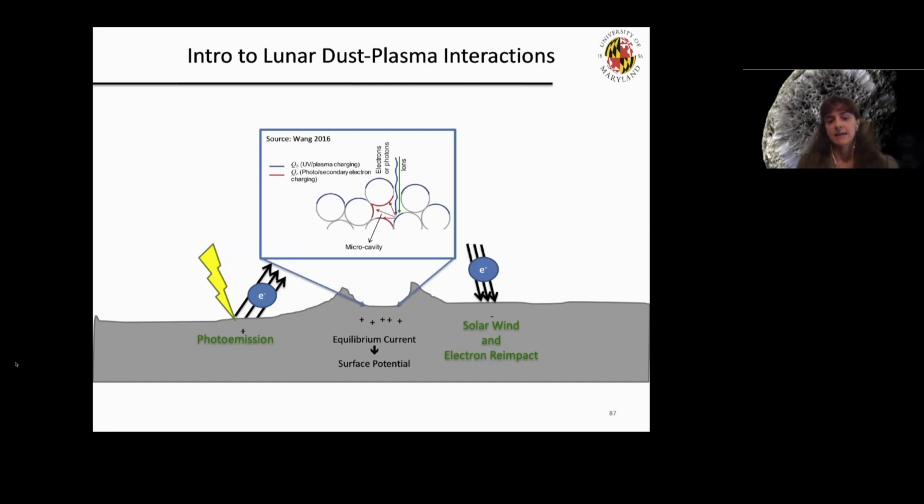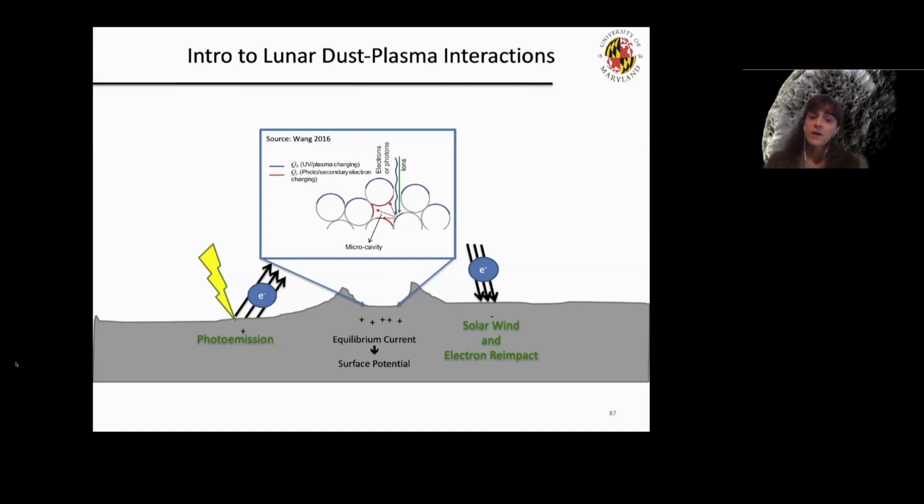Let's go next again. Now let's zoom in close to the surface. So we have a net positive charge across this lit surface, but when we zoom in to look at individual regolith particles, it actually gets even more complicated. So our regolith particles are dielectric, they're insulators. That means that we can have patches of positive and negative charge on individual grains. We can also have electrons that are emitted from one grain being deposited on a neighboring grain.